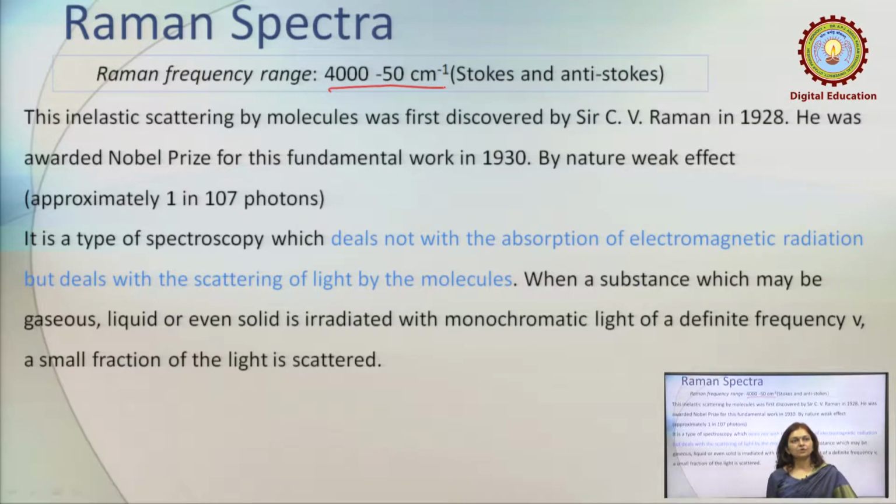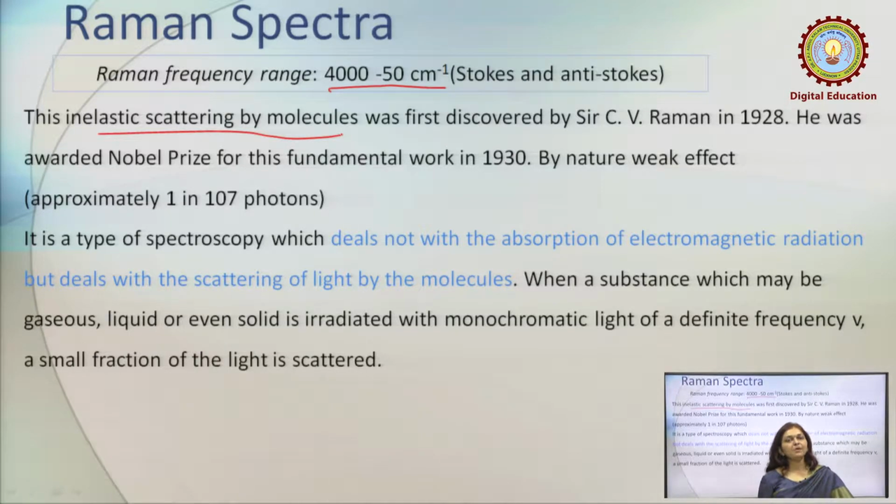Raman spectroscopy is an inelastic scattering by molecules, which was first discovered by Sir C.V. Raman in 1928, and he was awarded the Nobel Prize for this fundamental work in 1930. By nature, it is a very weak effect, approximately 1 in 10^7 photons.